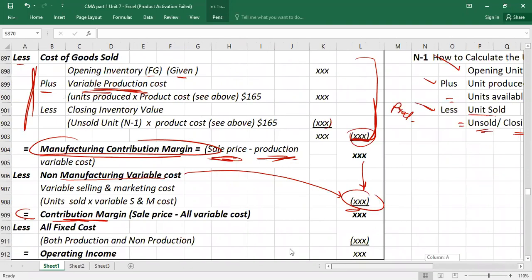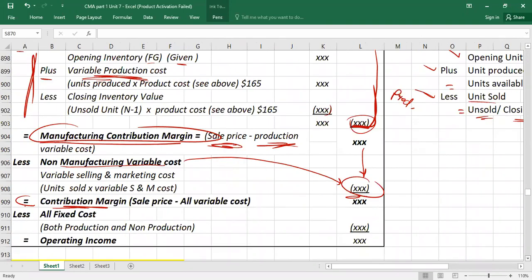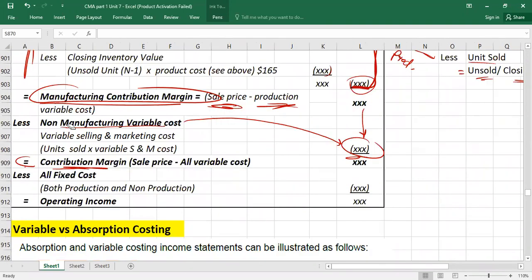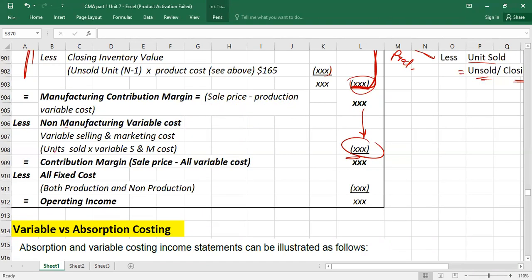So coming back to the format, we have reached the contribution margin, which is equal to sales price less all variable cost. Understood? From there you deduct what? What word is written here? All fixed cost. All means even if it is production, even if it is non-production, all fixed cost we will deduct here.